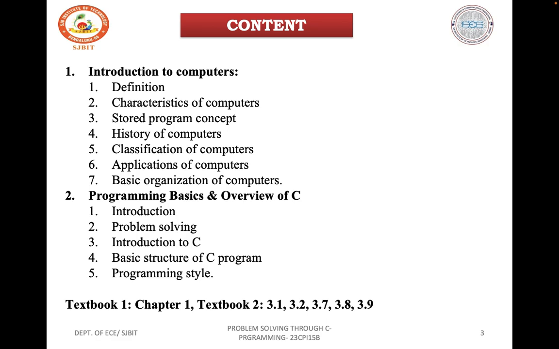Introduction to computers, its definition, characteristics of computers, stored program concept, history of computers, classification of computers, applications of computers, basic organization of computers, and in the second part we have programming basics and overview of C, that is introduction, problem solving, introduction to C, basic structure of C program, programming style.